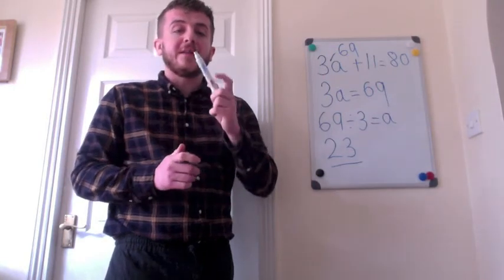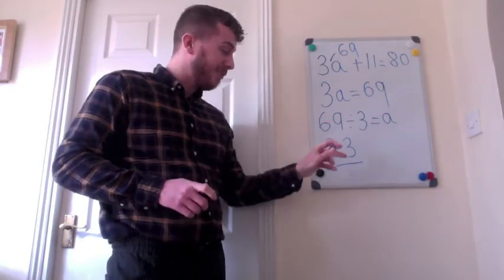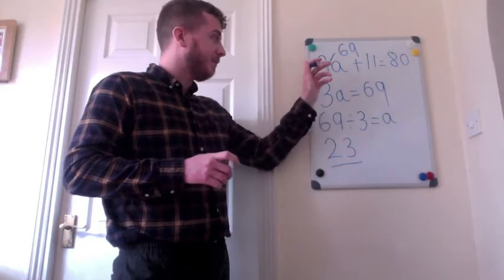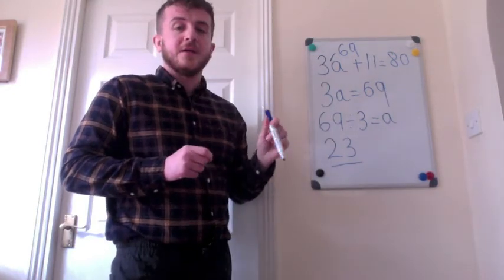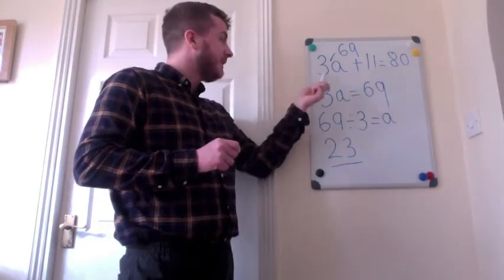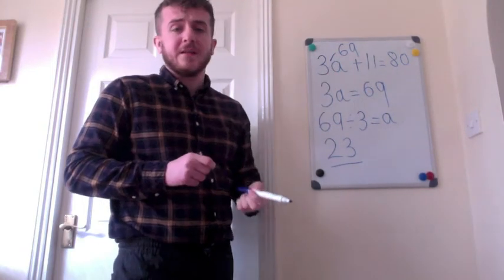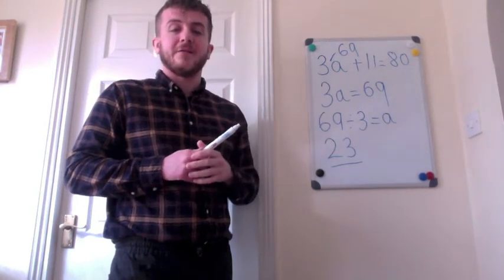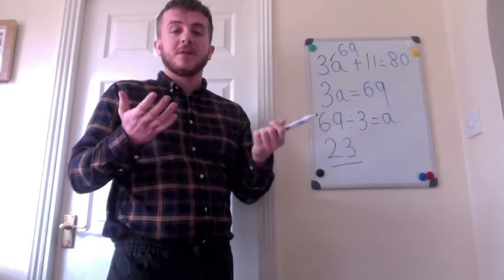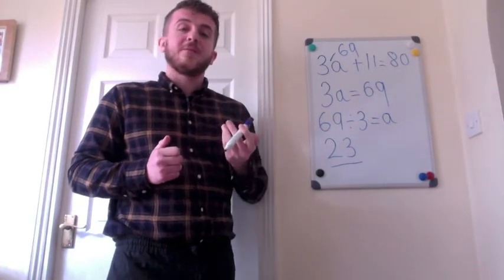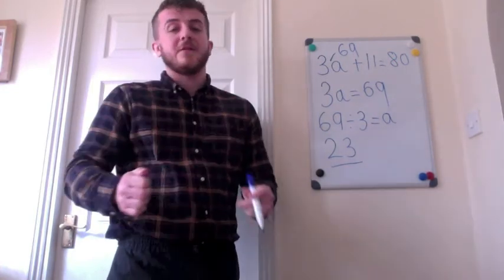So, what we do to check our answer is we implement this into our calculation there. So, we've got 3 times 23, 69, add 11 equals 80. Got it correct. Big thumbs up to you, big pat on the back if you got that one correct.